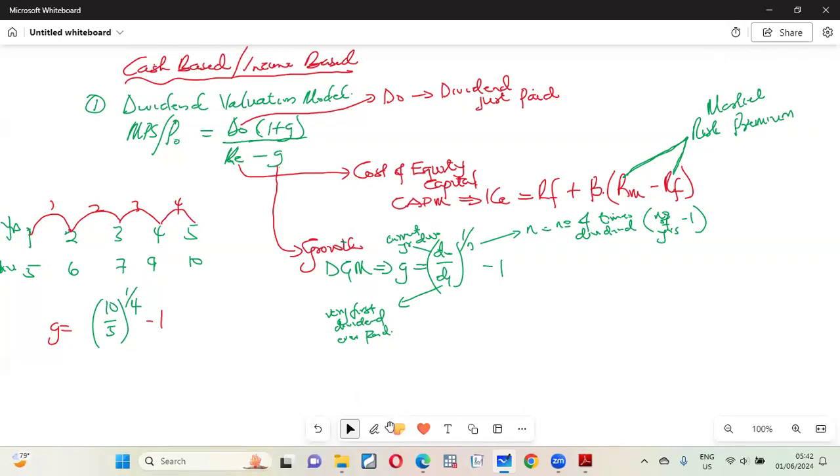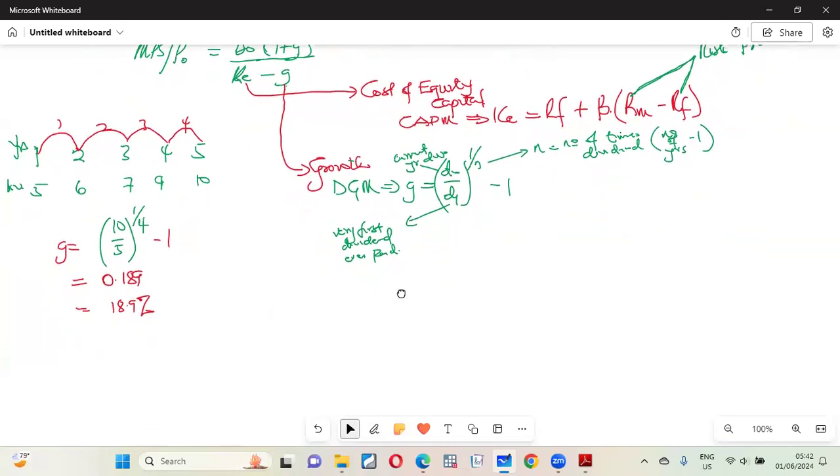So you said you have what? 0.189. That simply means 19% or 18.9%. All right, so whichever way you can write it. That's very good. So that is how you go about doing the dividend growth model.